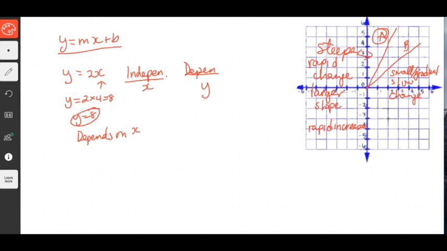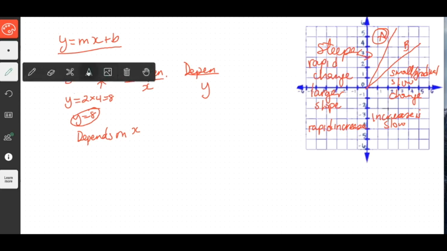And because this is also running uphill, it's a positive slope, so it is going to signify increase. It means that the increase is slow or gradual. So this is what I want you all to get out of that. Take some time and ingest that.